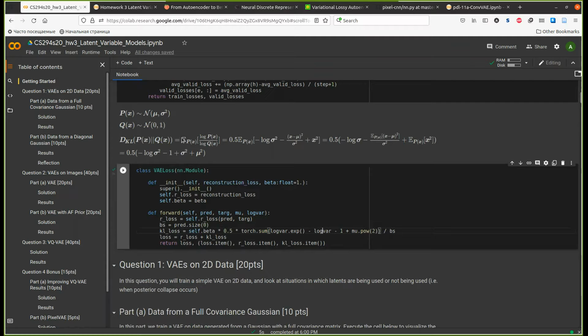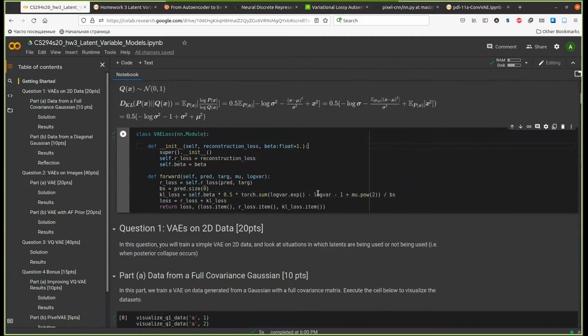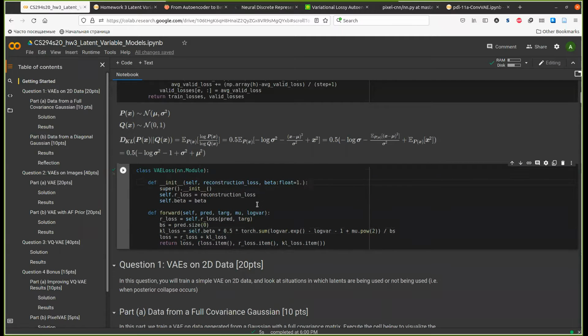This formula is for a univariate normal, but for a multivariate normal with a diagonal covariance matrix, these values would just be summed over all the components of the diagonal elements, right? For the full covariance matrix, it would be a bit more complicated, but we do not go this way. Actually, that can be done.